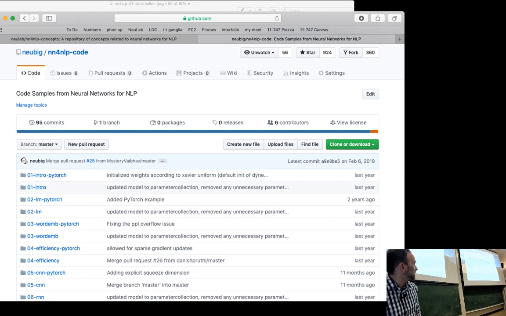So historically, I implemented the code for this in Dynet, which is a neural network toolkit that we made here at CMU. Now we also have examples in PyTorch.